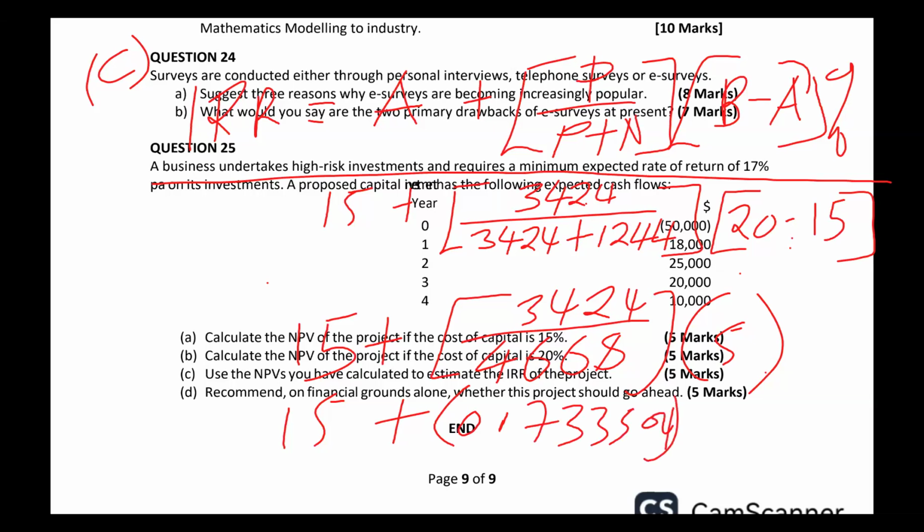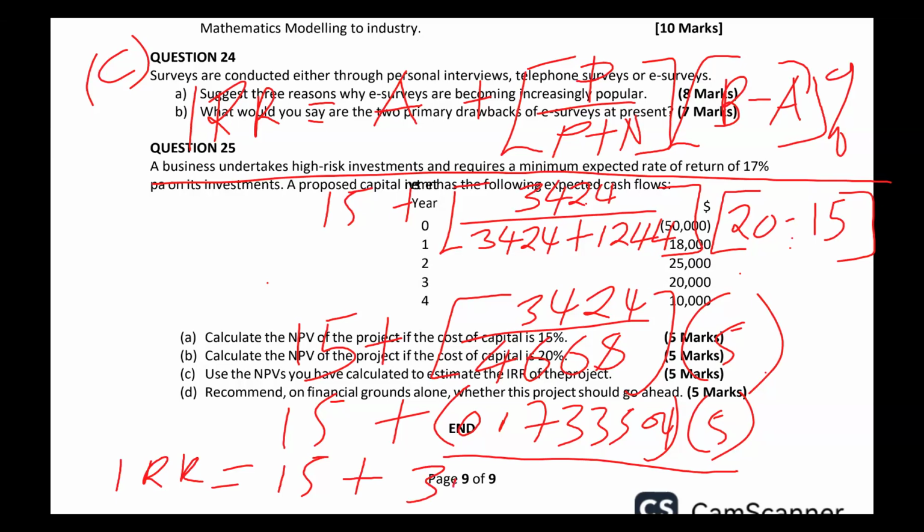Okay, multiply that by 5. What does it give you? It gives 3.66752365. When you add 15, that should give you 18 something, isn't it?